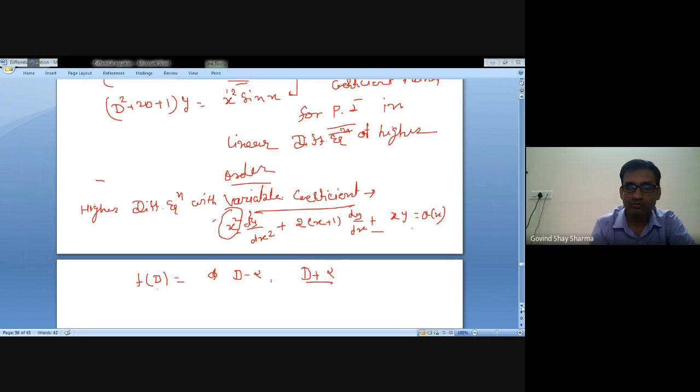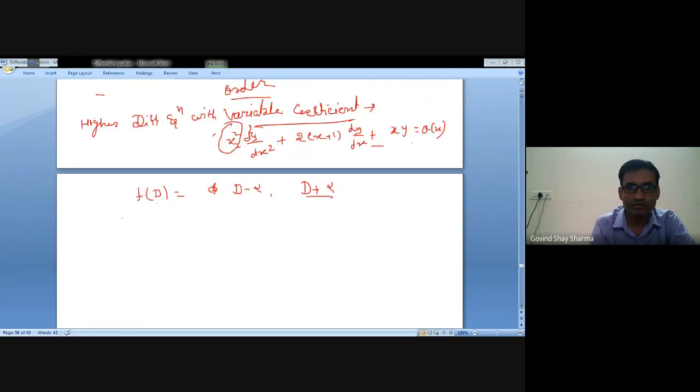So the PI is equal to 1 upon D minus alpha times sin 2x. Here alpha is equal to 2. So we take linear, it becomes 1 upon D minus 2.